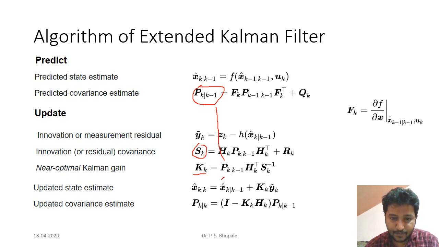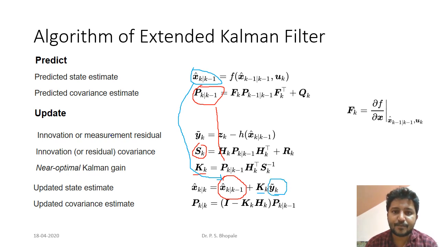So the predicted value x hat k given k minus 1 is taken into consideration, and this value is updated using the Kalman gain K k, which is calculated, and the innovation, that is the error between the measured state and the predicted state.